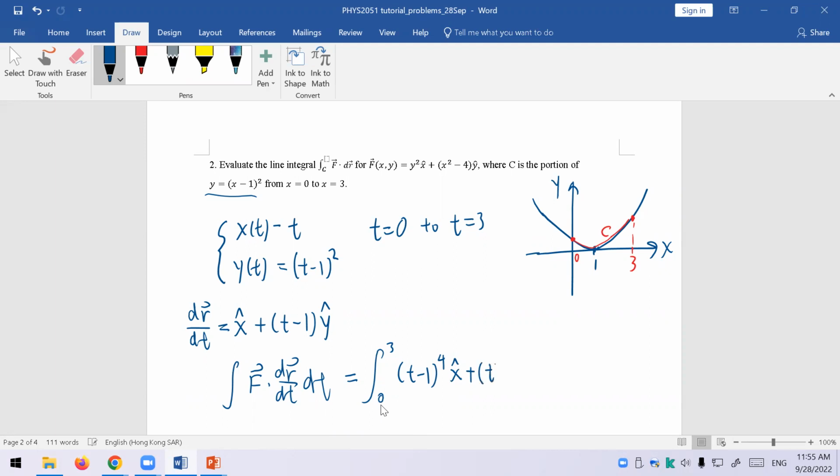So then it's just t square minus 4. Okay, so this is my field F. So dot product with this dr dt, x hat plus t minus 1 y hat dt. Okay, I'm not going to repeat the same process again, right? So you know how to take this dot product, and you have this integral as a function of t.